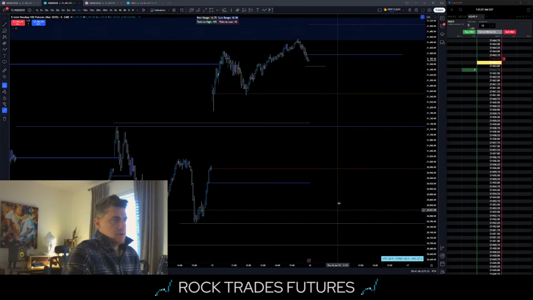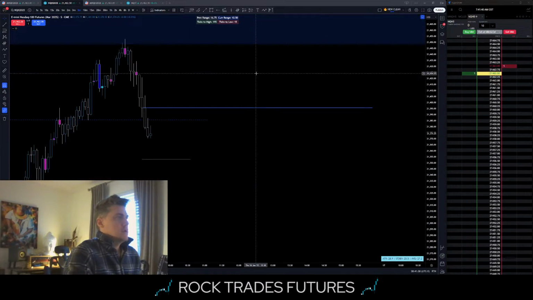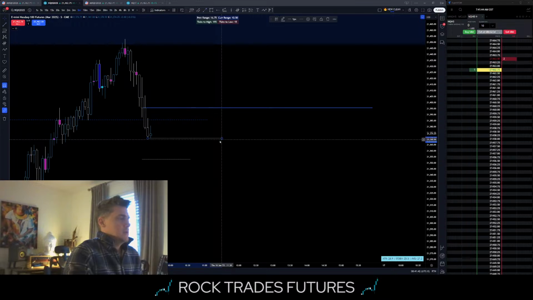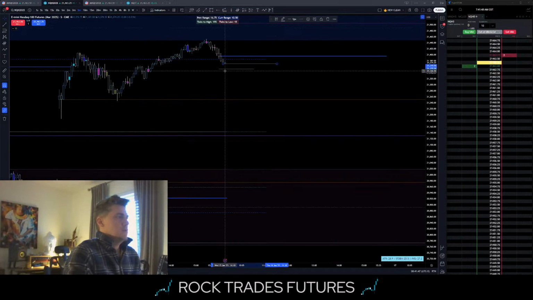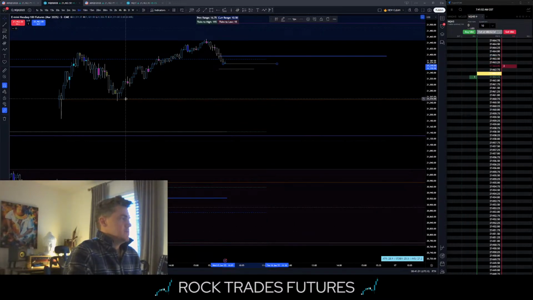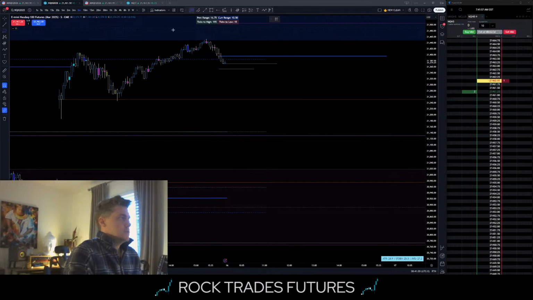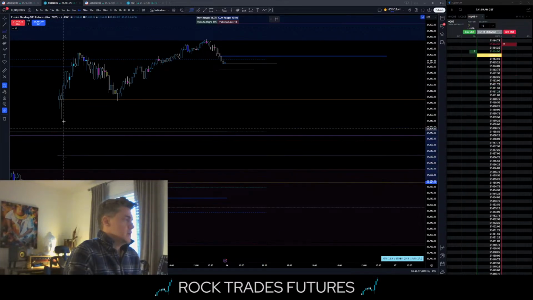Regular trading hours. Above, nothing too snazzy. This is an interesting swing low on the regular trading hours. We still have this big gap from yesterday.